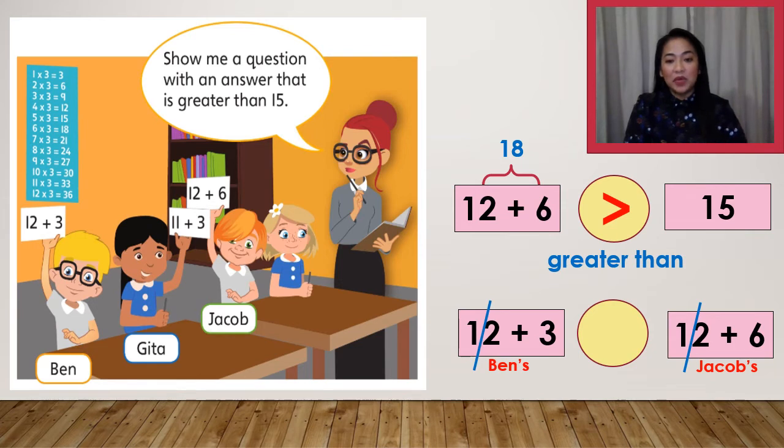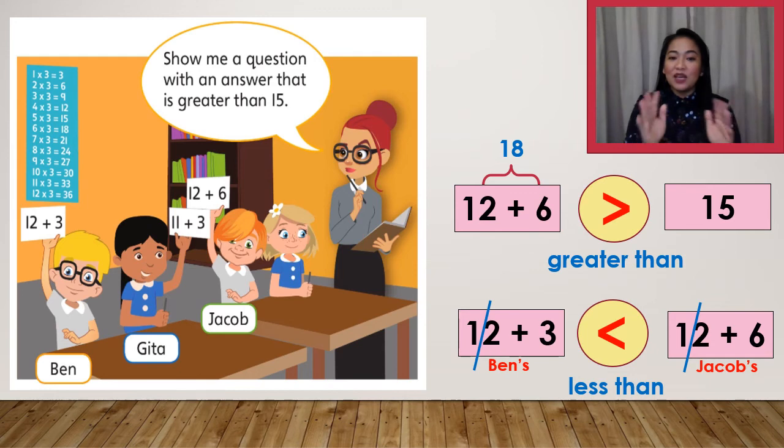So, which is greater now? Well done. Since 6 is greater than 3, therefore Jacob's answer is greater. 12 plus 3 is less than 12 plus 6. What a trick! But remember, children, to use this strategy only when comparing addition sentences.